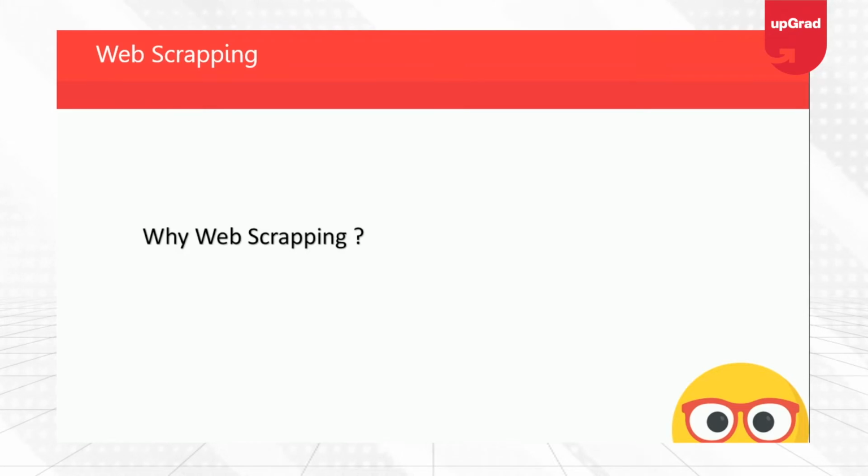There are various use cases where web scraping is used. There are tons and tons of platforms which are using web scraping for different purposes. Let's talk about e-commerce websites. E-commerce websites use web scrapers to collect data specifically related to the price of specific products from various e-commerce websites for their comparison.